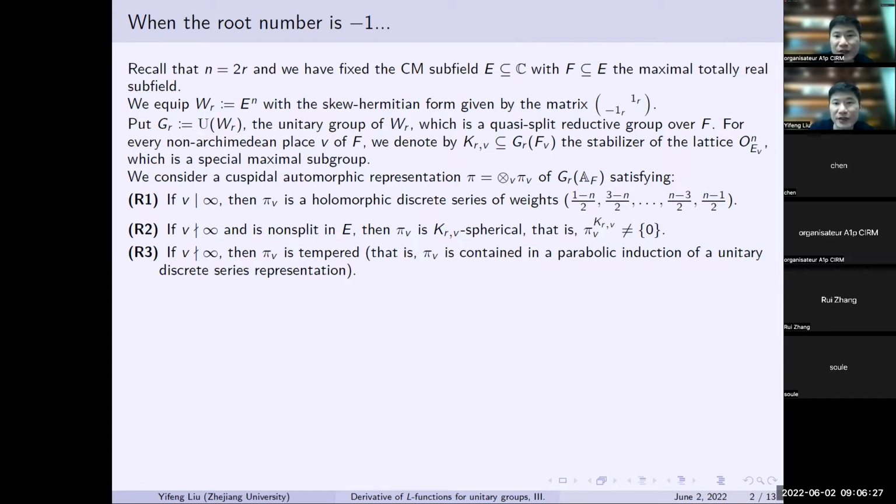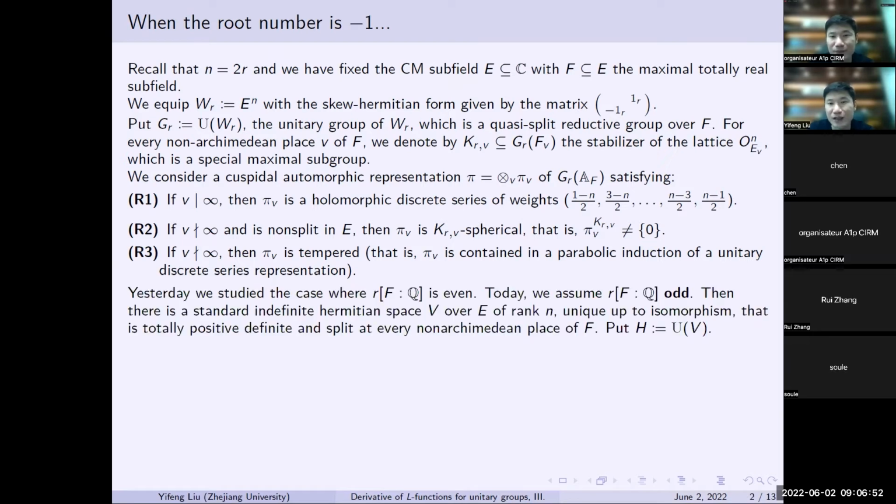In fact, let me give a remark that under current knowledge, R3 is implied by R1. So if you assume R1 and assume that pi is in the generic packet, then R3 is known. This is related to a question of Raphael yesterday.